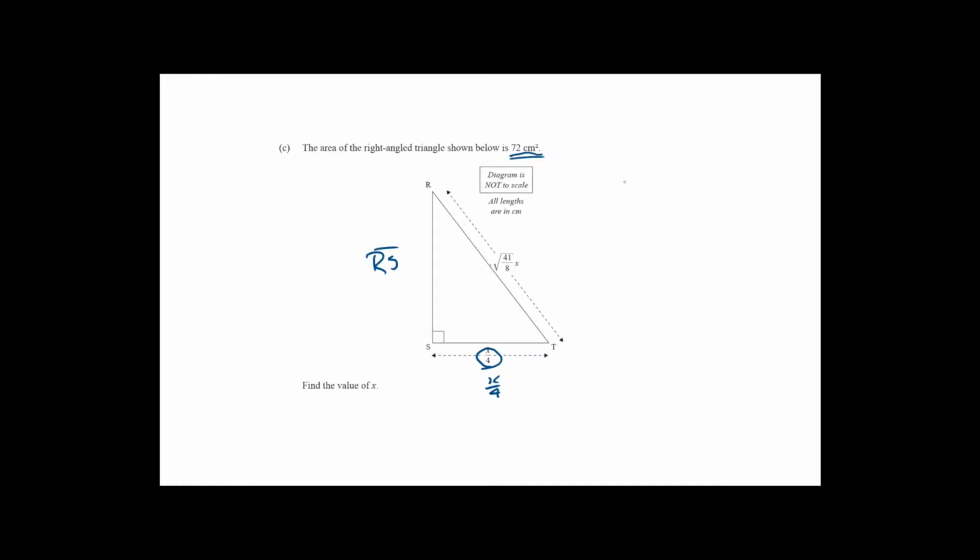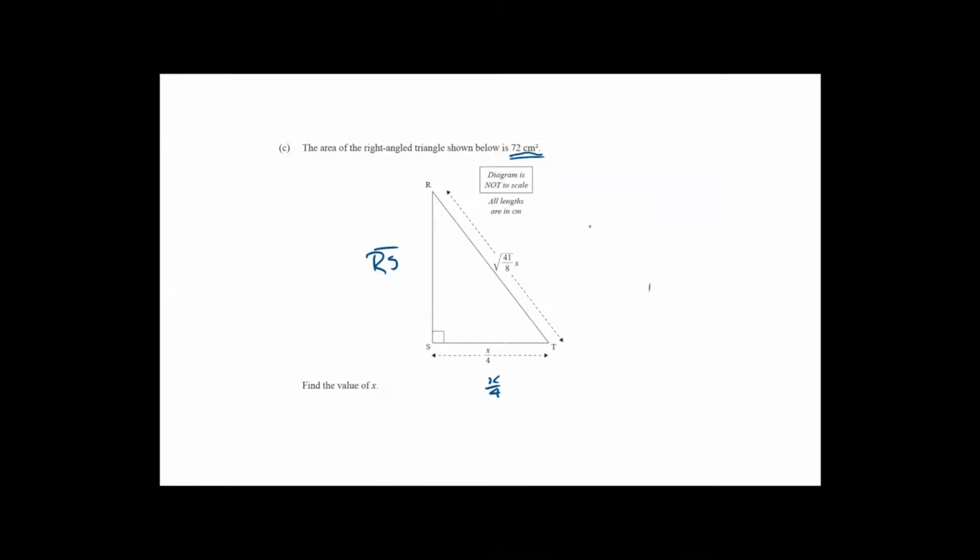What we want to do is get all of these sides in terms of x. These two sides here are already in terms of x, so we want RS in terms of x. So let's use the 72 centimeters bit first to put RS in terms of x.